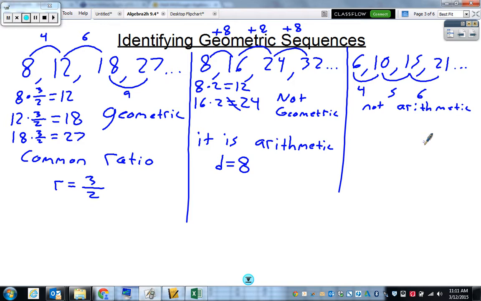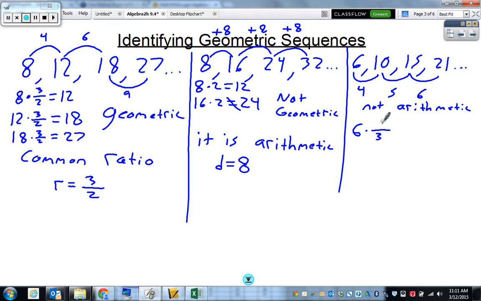Okay. Well, to go from 6 to 10, or 10 to 15, or 15 to 21, well, I see if I divide 6 by 3, I get 2, and 2 times 5 is 10.